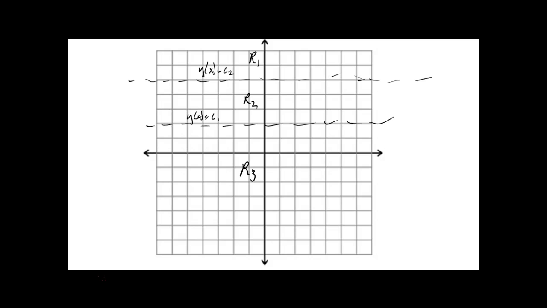Okay? Now, you have some value x0, y0 is a solution. And there's going to be only one curve that goes through that solution. Okay? Now, if that's in one of these regions, then it has to stay in the region, okay?